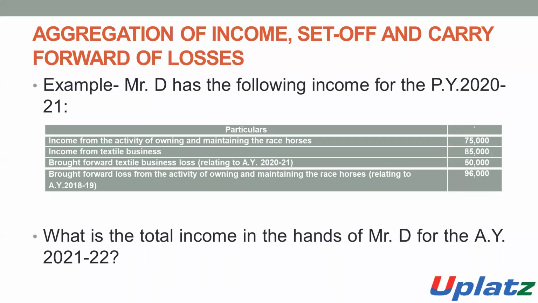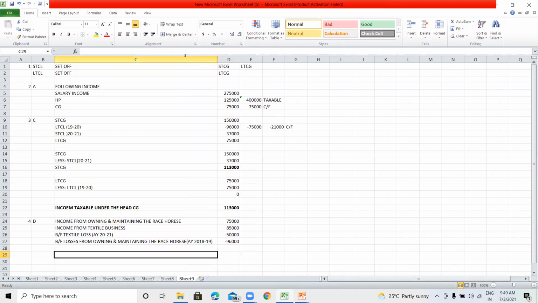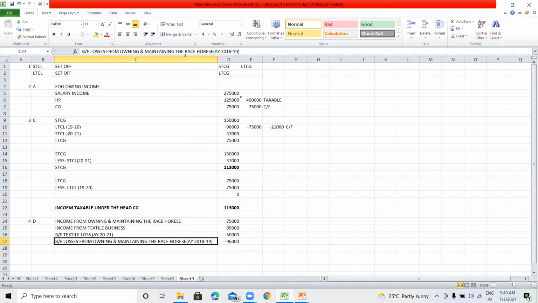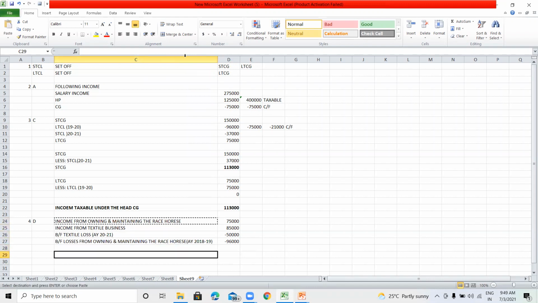Now, on the basis of this, what is the total income in the hands of Mr. D for the assessment year 20 and 21? There is a requirement to calculate the total income which will be taxable in the hands of Mr. D. Number one, we have income from owning race horses.